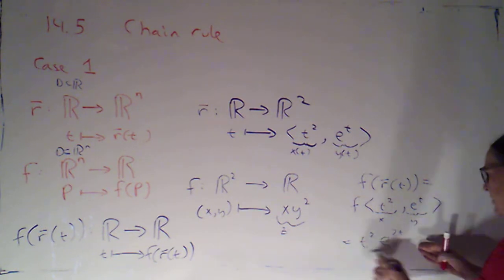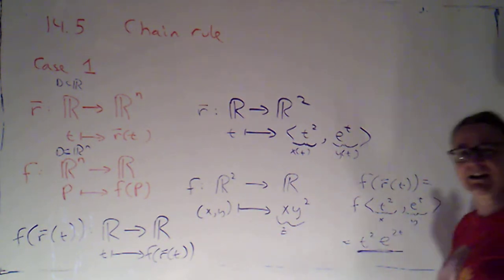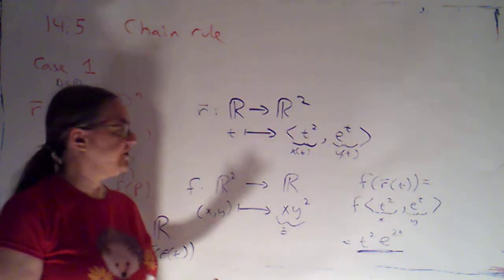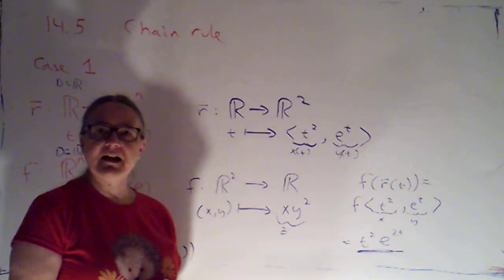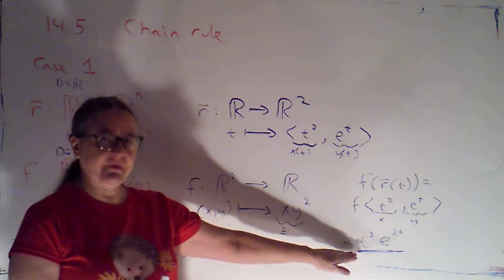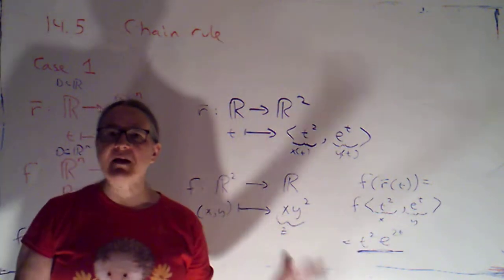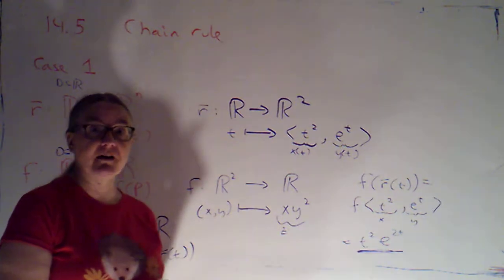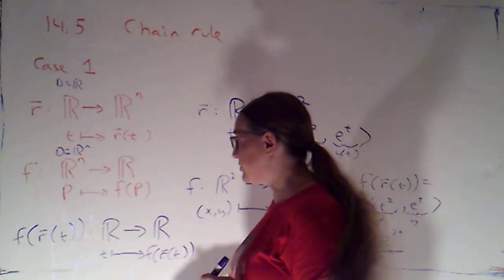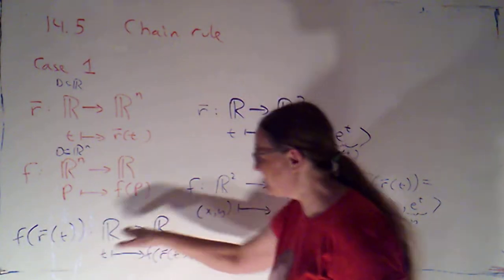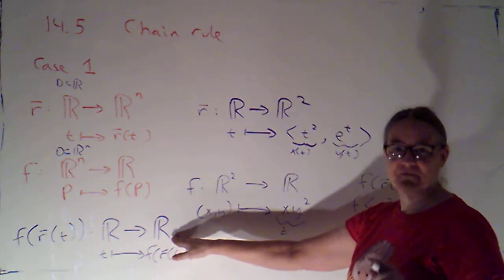Okay. So notice what I get is actually just a real valued function of one variable. That's the sort of thing where in 3A or 3B you could take the derivative of that without knowing anything about multivariable calculus, because we've created a function that starts in the real numbers and ends in the real numbers. Okay.